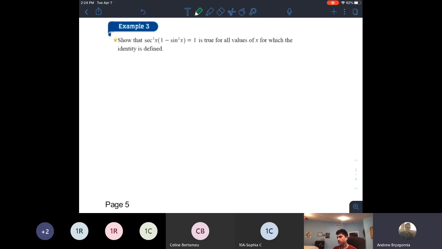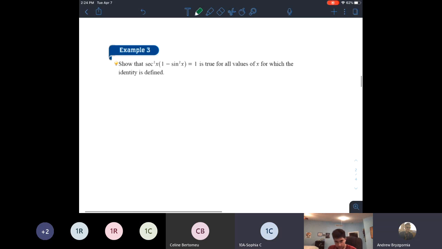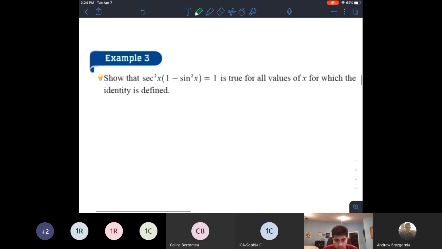Does anybody remember one of the three? Sine equals 1. There you go. Oh, but squared. Yeah, and we know that 1 squared is just 1 anyway, so that's fine. So sine squared plus cosine squared equals 1.